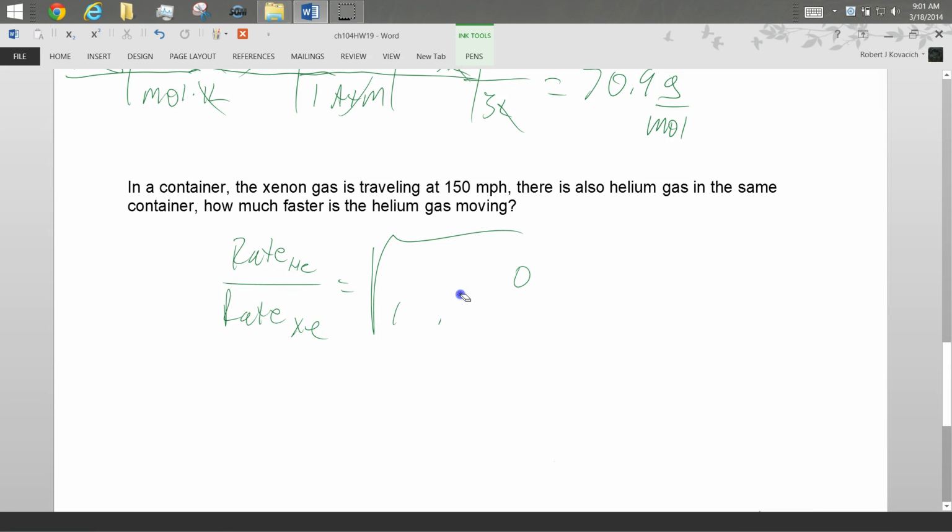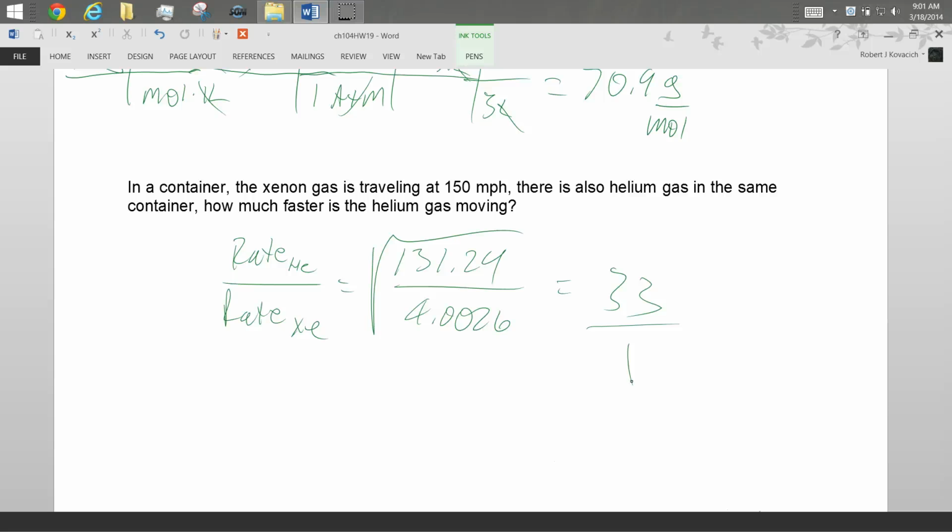That's totally backwards. 131.29 divided by 4.0026. Okay, so 131.29 divided by 4.0026. So I get 33 over 1. That's the rate difference. So the helium is moving 33 times faster than the xenon is.